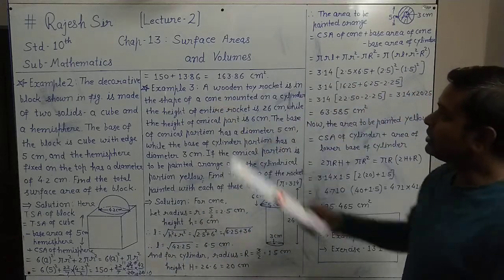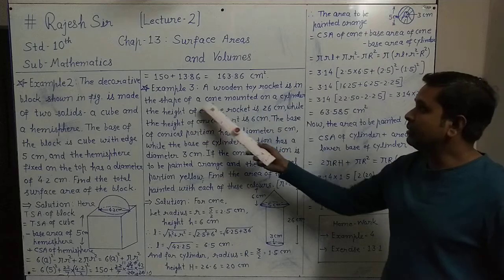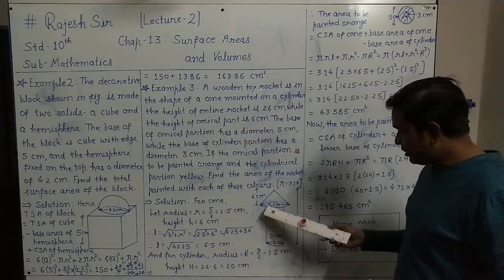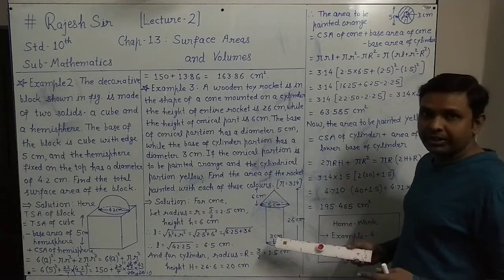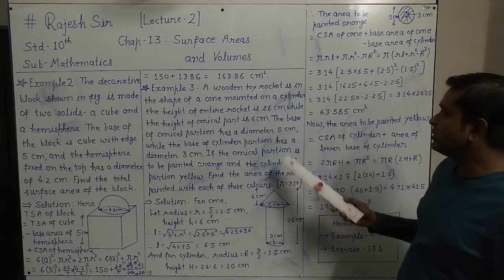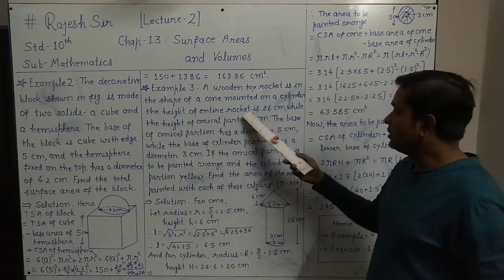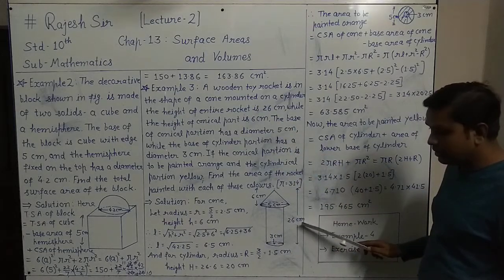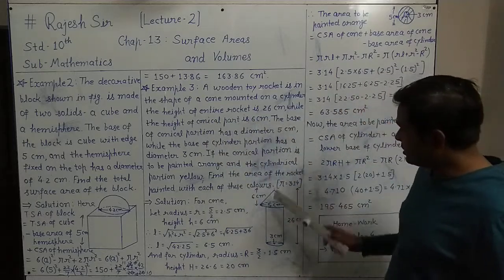The next example 3: we have a wooden toy rocket. This is the shape of a cone mounted on a cylinder, as in the figure. On the cylinder, the cone is mounted, that way the toy rocket is, and the entire height of the rocket is 26 centimeters. So here the entire height 26 centimeters is shown, while the height of the conical part is 6.